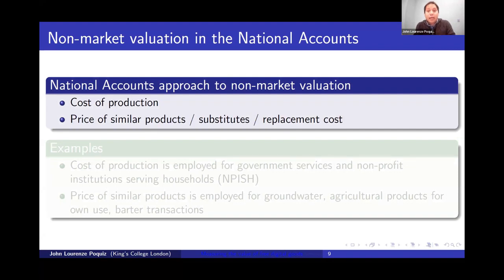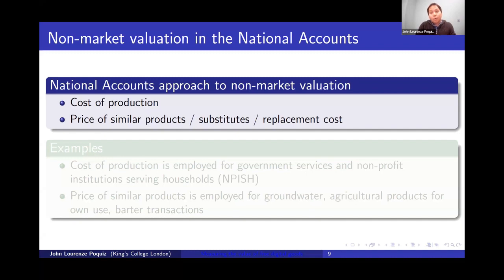But how does the national account tackle the issue of valuation of non-market goods and services? The framework actually recommends two approaches: either use the cost of production of these goods and services, or use the price of similar products.